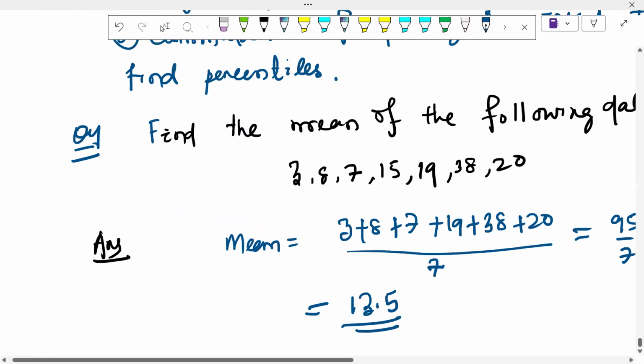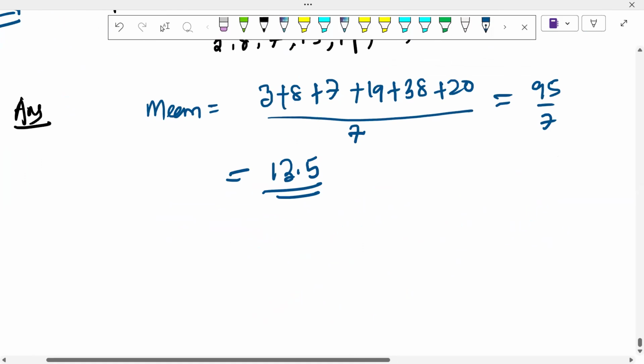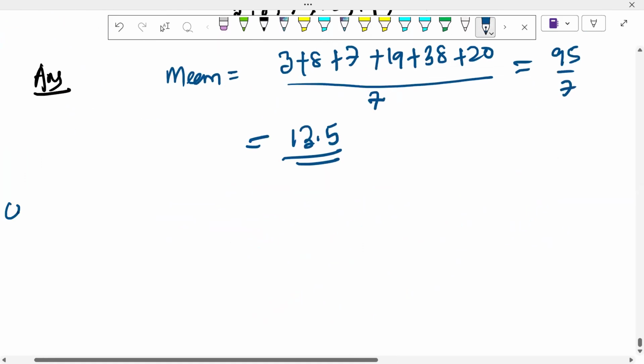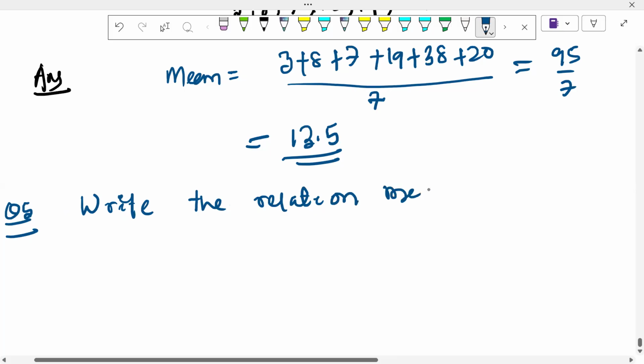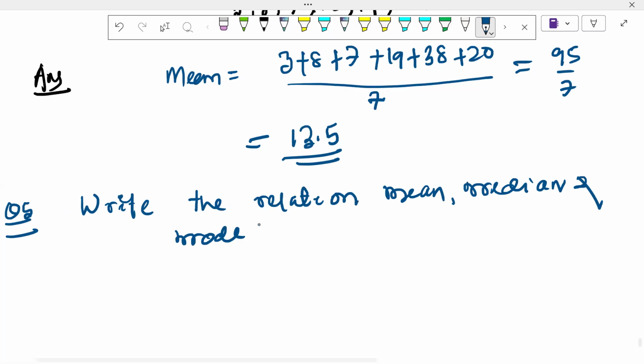So question number 5 is coming here. This is question number 4, question number 5. Write the relation between mean, median, and mode. So I am searching for the relation between mean, median, and mode.